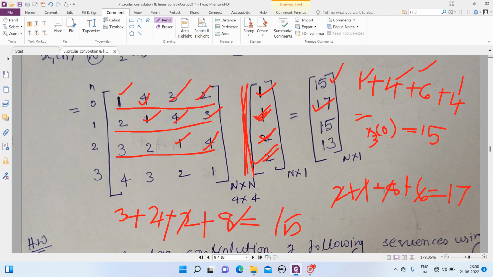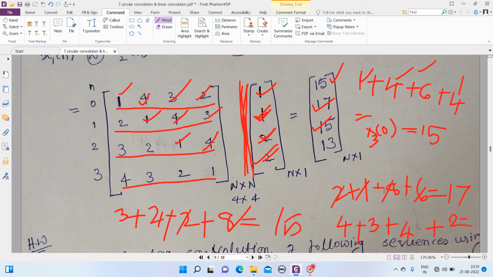Similarly, you have to solve this last row with this column. So 4 ones are 4, plus 3 ones are 3, plus 2 twos are 4, plus 2 ones are 2. Just add these numbers.